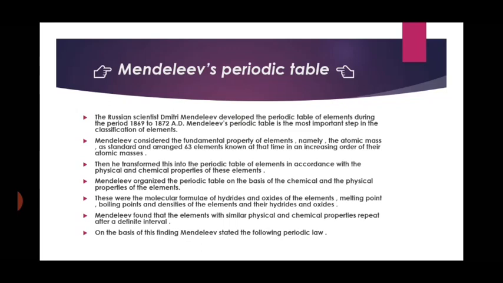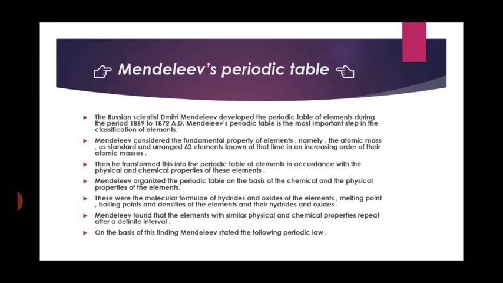He took a fundamental property of elements, namely the atomic mass, as a standard, and arranged the 63 elements known at that time in increasing order of their atomic masses.